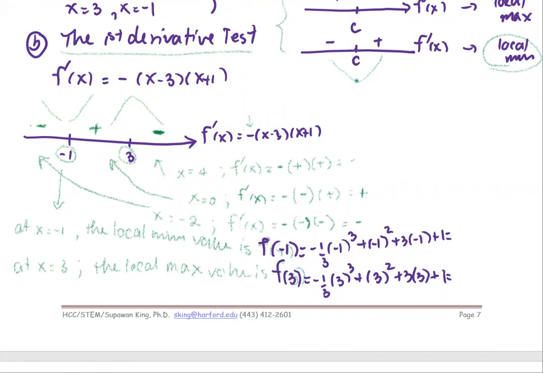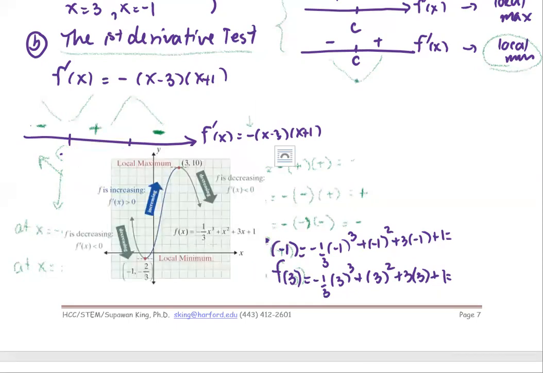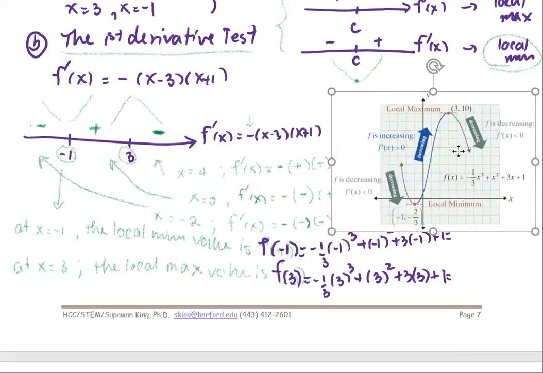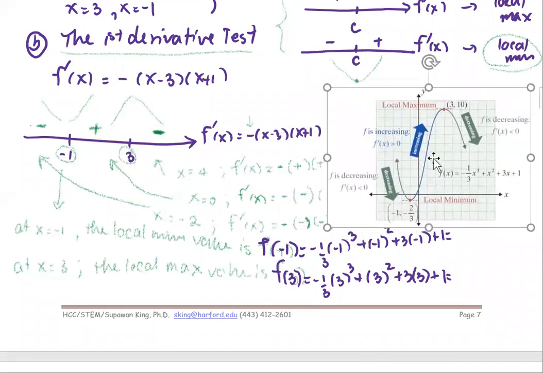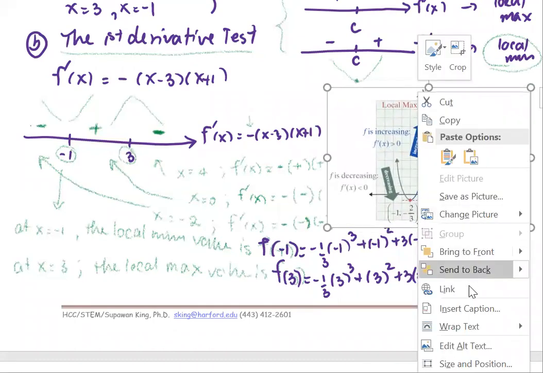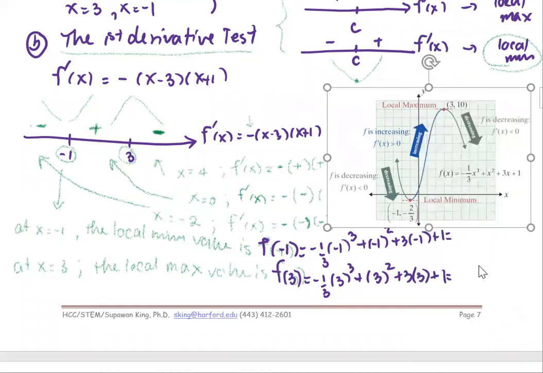And I'm going to bring the graph that I took away for a second. Okay, so as you see the graph here, I'll bring it to the back.